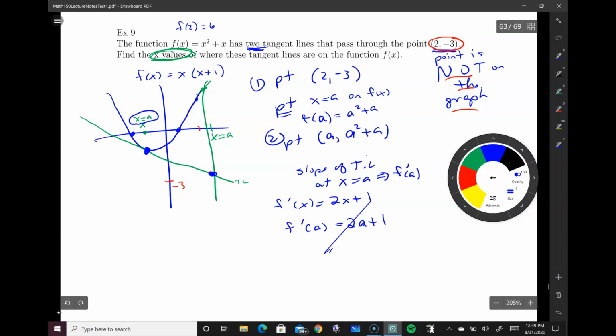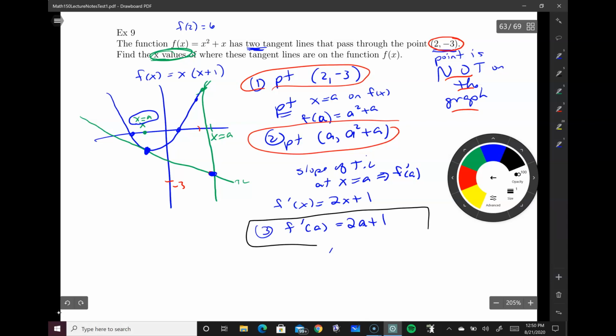Okay, 2a plus 1. So that's my third piece of information. So I have a point, and I know that this is the m, the slope of the tangent line, because the derivative at the point A is the slope of the tangent line at the point A.